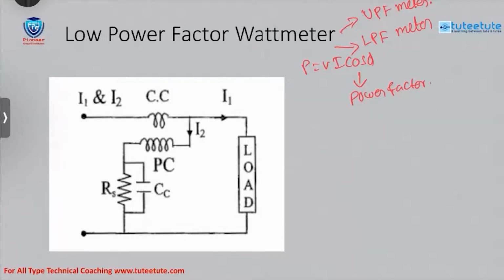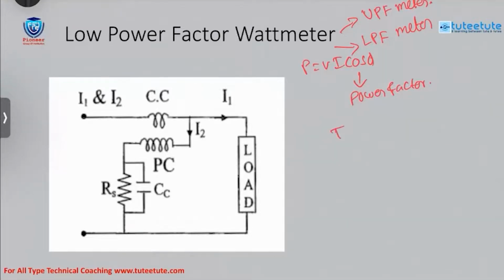While I was explaining the open circuit test of the transformer, I told that the power factor is very low. That's why you are going to use the LPF meter.